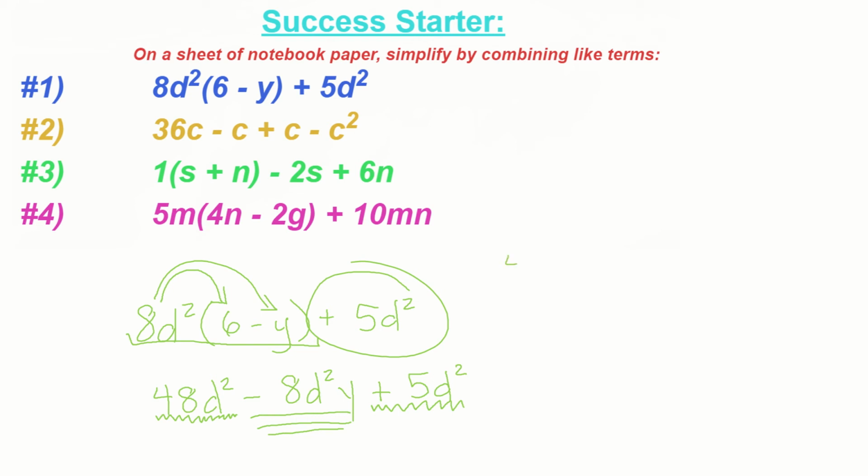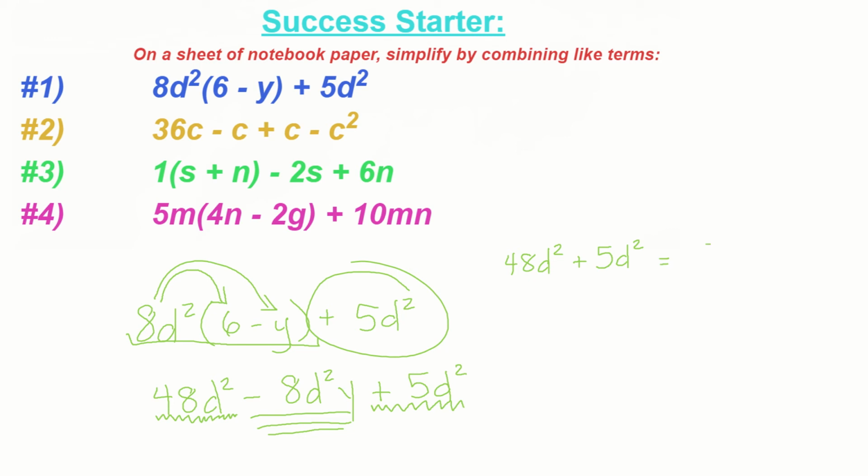So if I have 48 of the d squareds, and it tells me to add 5 more of them, all right? I don't want you guys to get freaked out about this. When we have our d squareds, they are going to remain d squareds. But I need to add 5 to that 48.